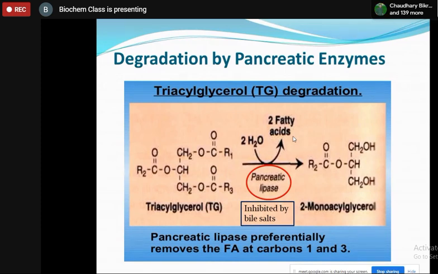The activity of pancreatic lipase is inhibited by bile acids, which are present along with the enzyme in the small intestine. So this is how triacylglycerol is degraded by pancreatic lipase, which is present in the pancreatic secretion. Triacylglycerol is converted to 2-monoacylglycerol and two free fatty acids, which are the absorbable forms.